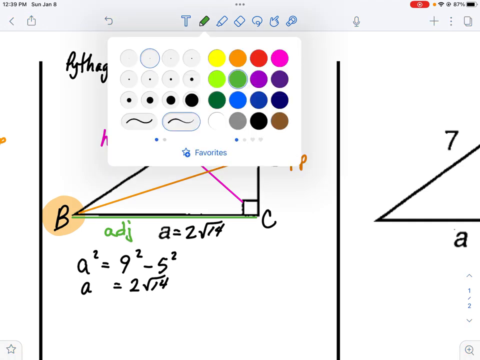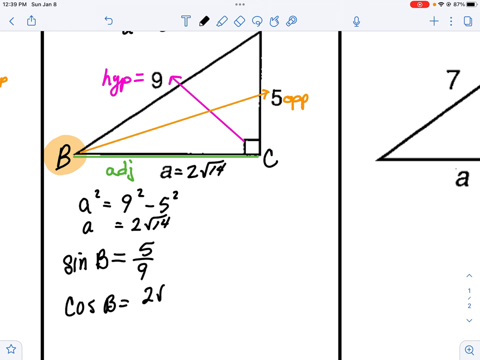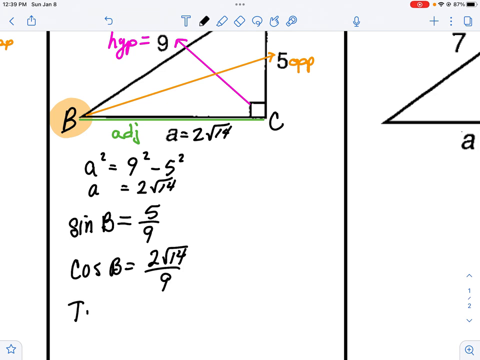So we are going to say sine of B is equal to the opposite divided by the hypotenuse. Cosine of B is equal to the adjacent divided by the hypotenuse. And tangent of B is equal to the opposite over the adjacent.